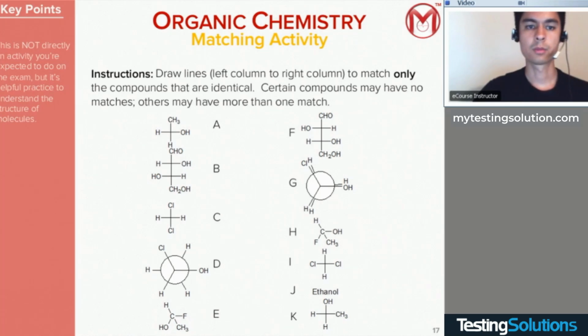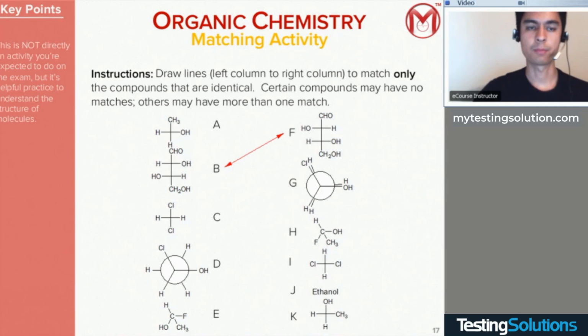I've got this little activity here for you. And I want to note that this is an activity that you would not reproduce on the MCAT. But this is still fun, and valuable for us so that we're clear about a lot of these projections and structures that we've seen. What I'd like you to do is to match only those compounds that are identical.